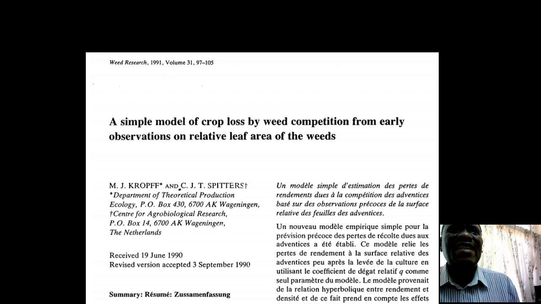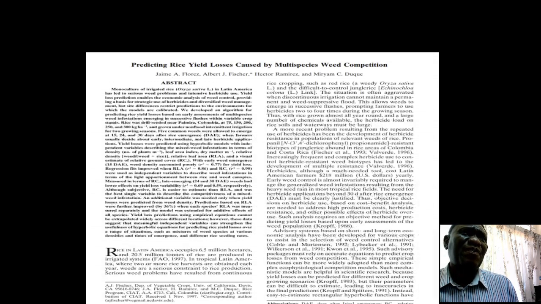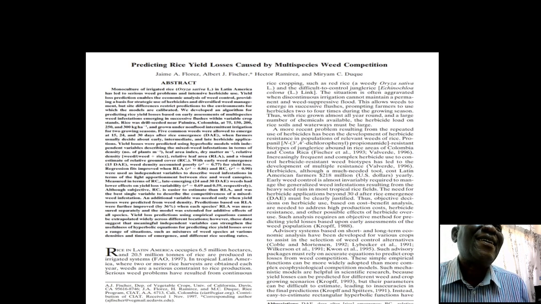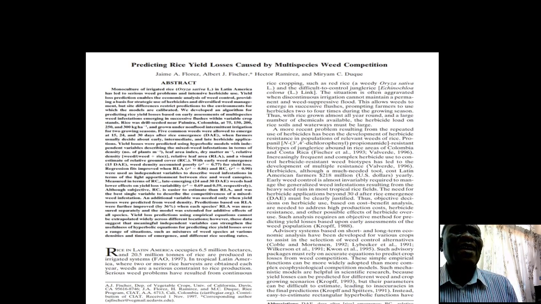The only difference is that Croft and Spitters are now using relative leaf area instead of weed density. Predicting yield losses caused by multiple species with composition. You may also want to read this, where we have various weeds under field conditions causing yield losses. This is much more realistic, maybe.